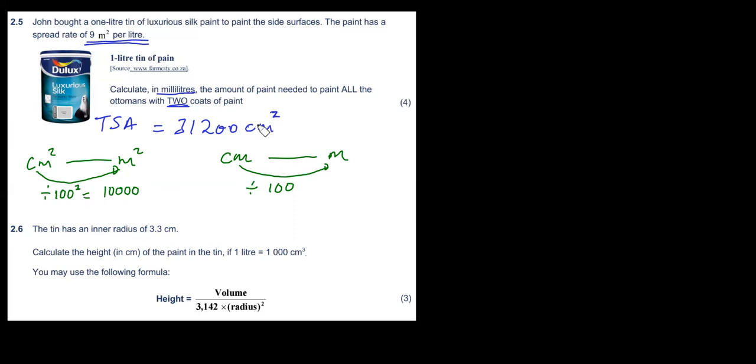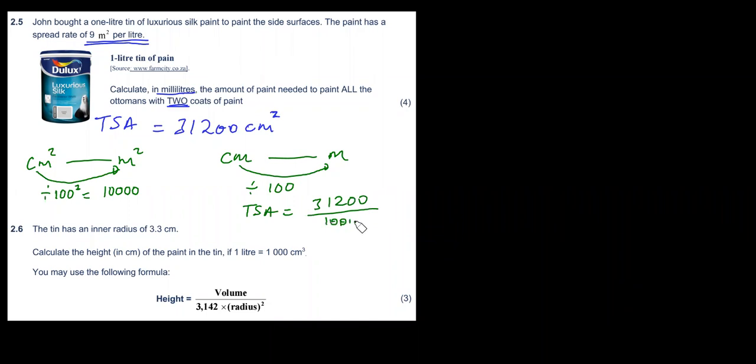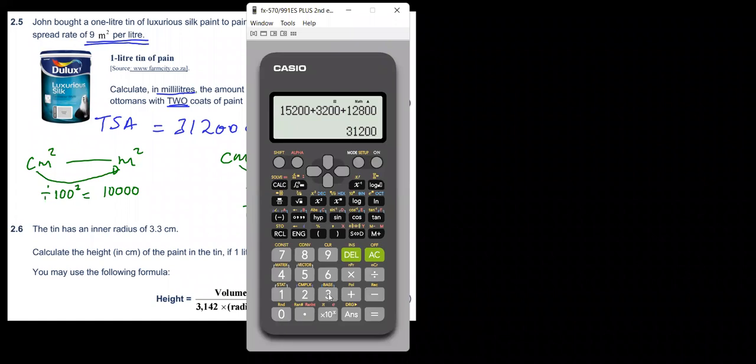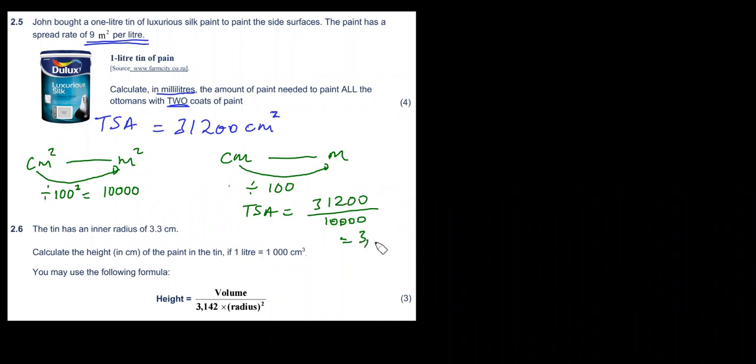So in this case, what is the total surface area now? TSA is going to be equal to 31,200 divided by 10,000. What do we get there? We're going to get 3.12 meter squared.